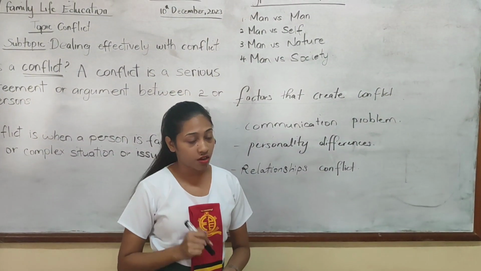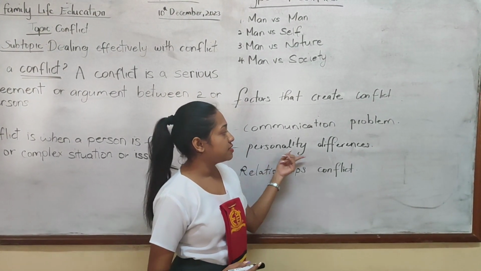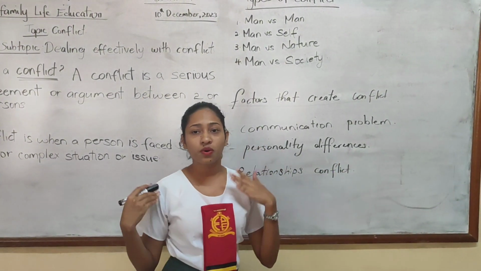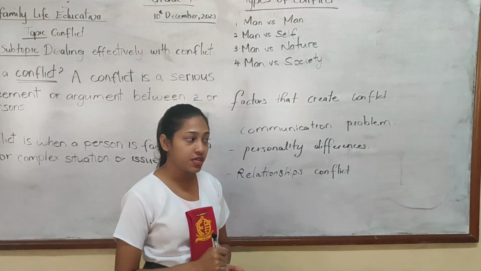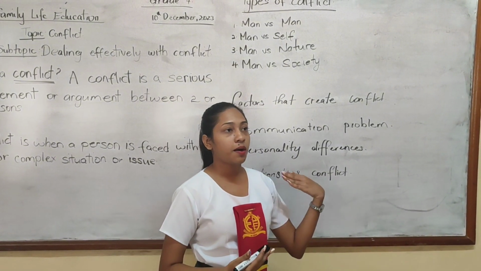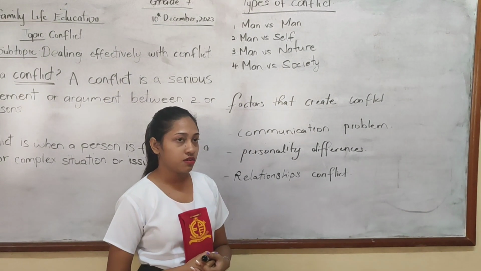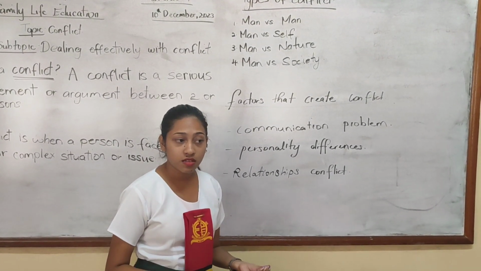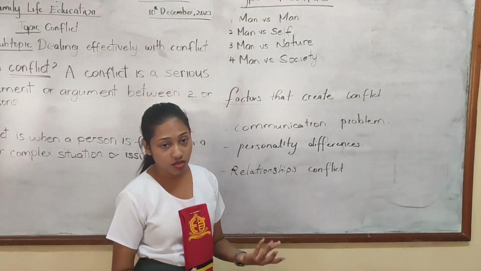So that could cause a conflict because you're not clear. The next one we have personality differences. As we all know, everybody here is different in our own way and unique as well. So we may not be in agreement on a certain topic. We will have disagreement. So because we have different personalities, that could cause a conflict.